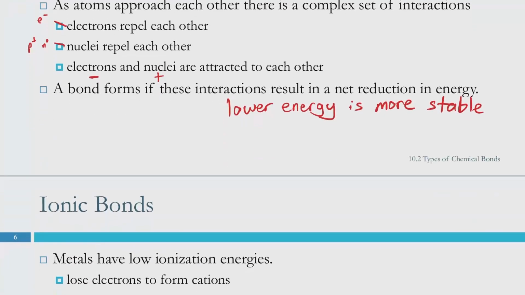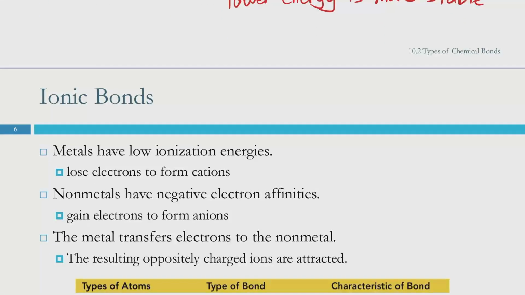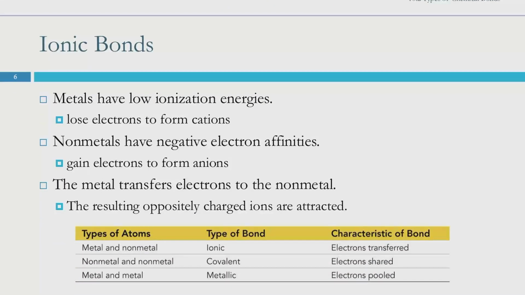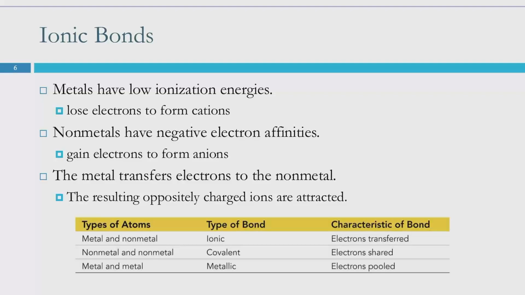One of the types of bonds that we can form is ionic bonds. Ionic bonds exist between metals and nonmetals, or cations and anions. Metals tend to have low ionization energy. They tend to lose electrons to form cations.